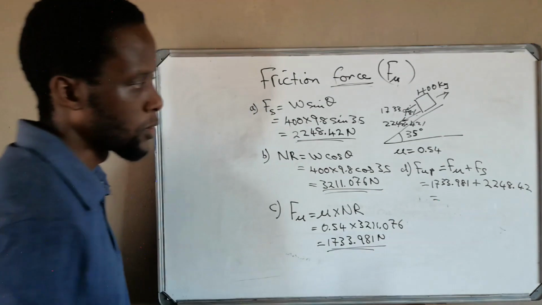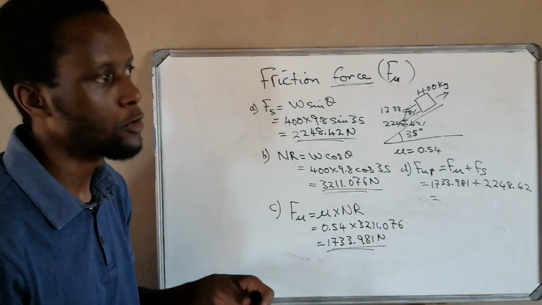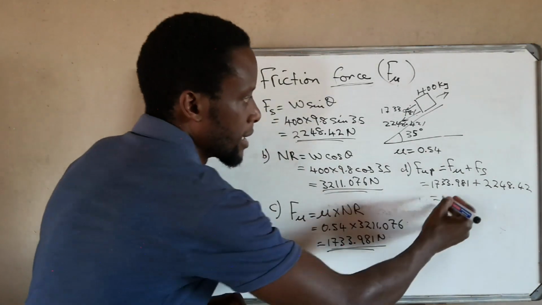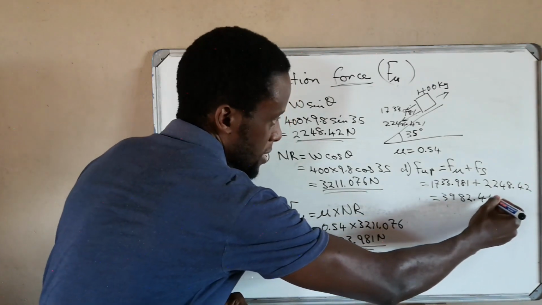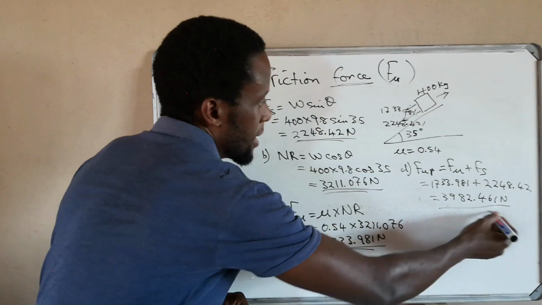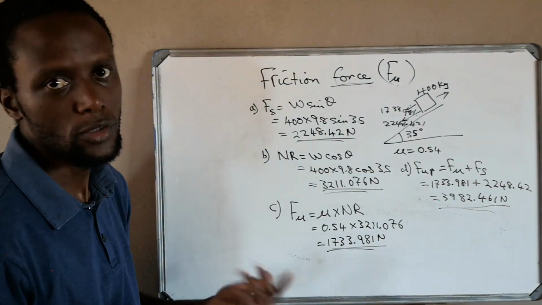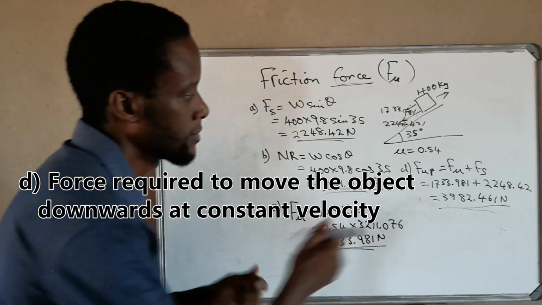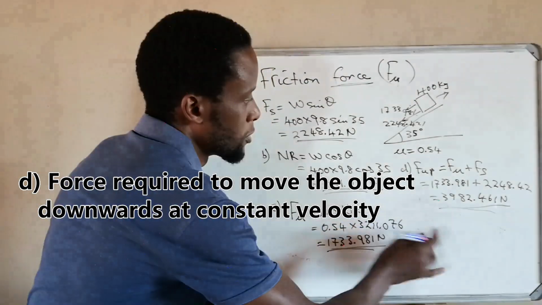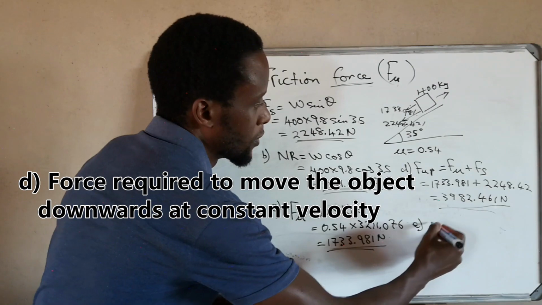We add those two because we need to go up. It should be a force greater than that. After adding that, we get 3982.461 newtons, and that is how much force is required in order to move upwards. And well, we know the next force, obviously, will involve subtracting, for the force going downwards.